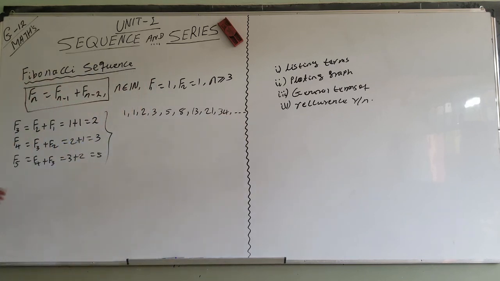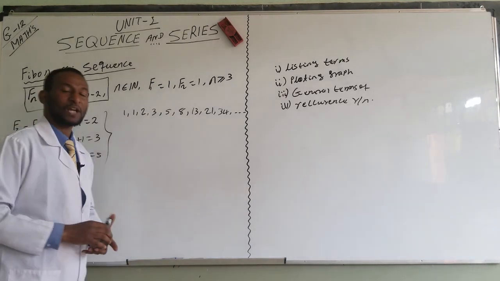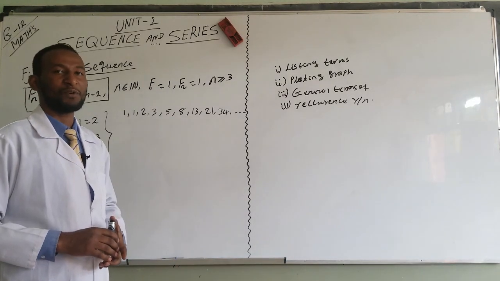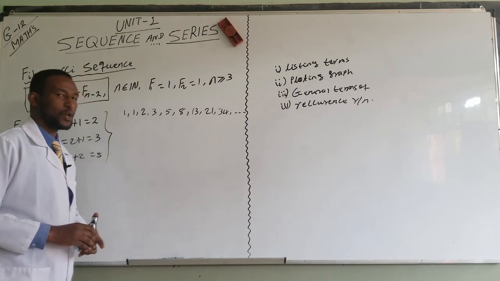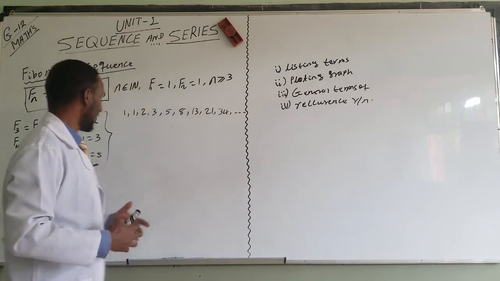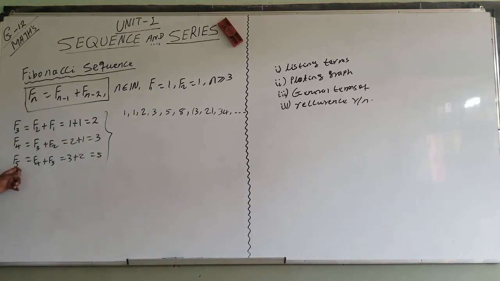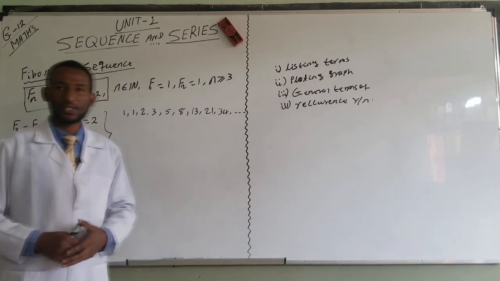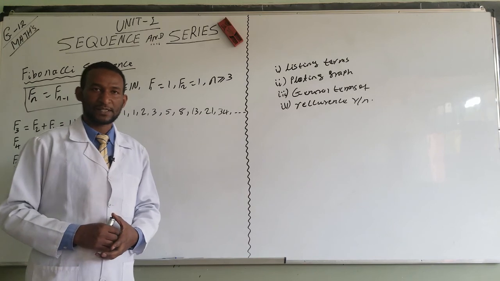Then when we find this Fibonacci sequence by this formula, we have to know the previous two terms of the Fibonacci sequence. That means, for example, when we find the fifth term of the Fibonacci sequence, we have to know the fourth and third terms.